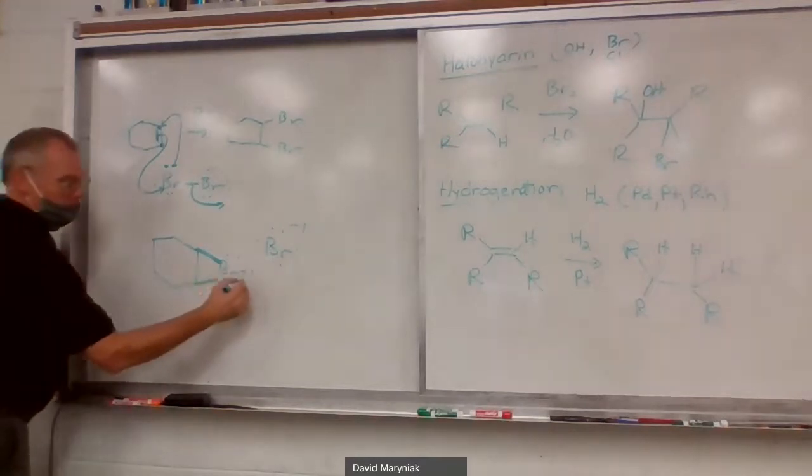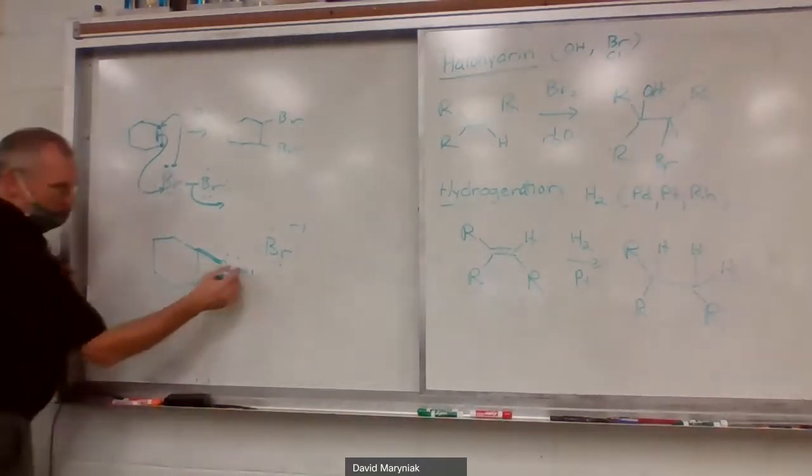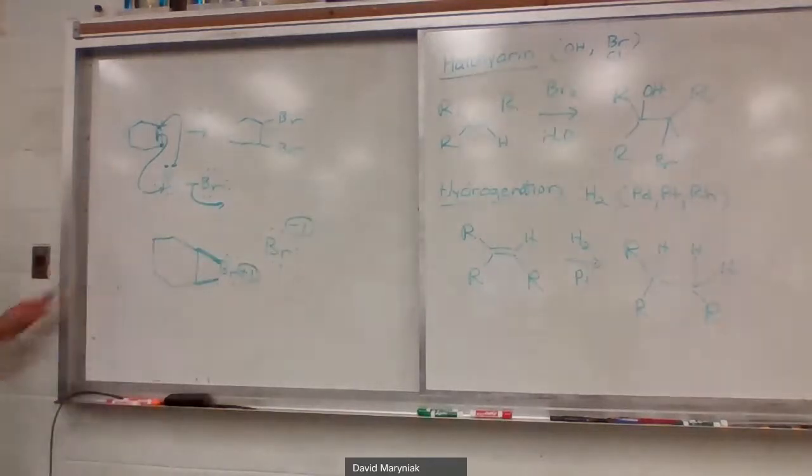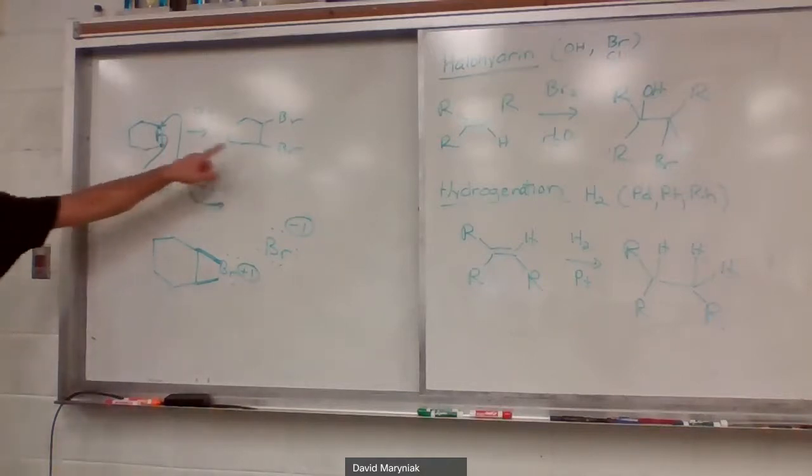This bromine. And then when you're doing mechanisms, you try to circle your charge to tell your audience where it is. And that intermediate's called a brominium ion. And then what happens? Now it's really helpful to know where you're going.